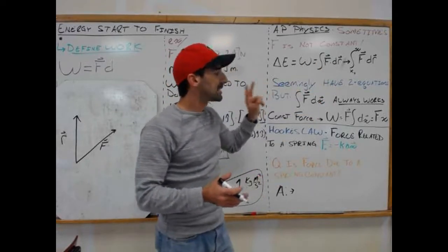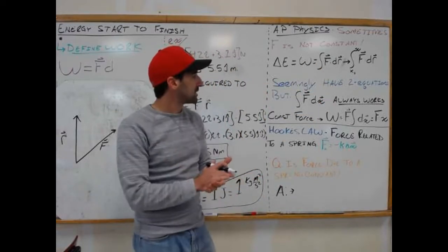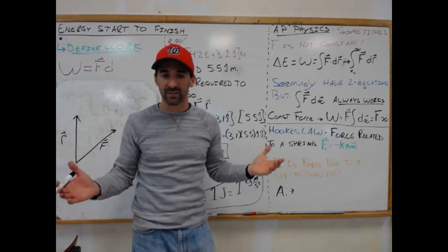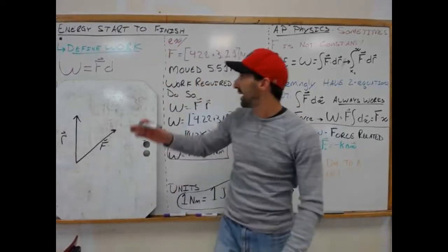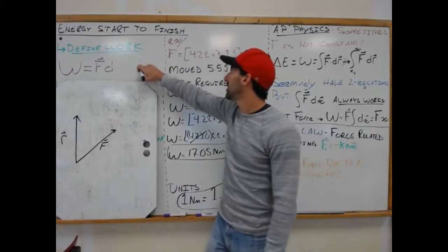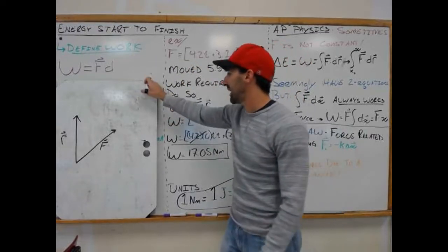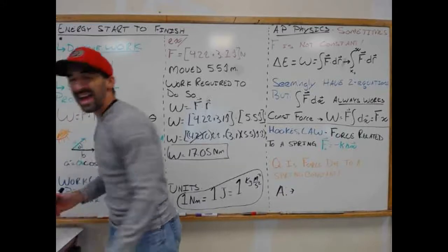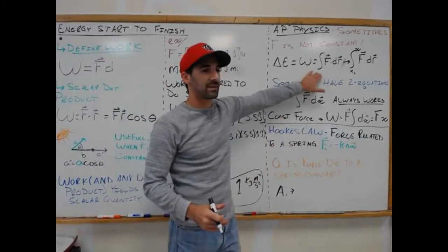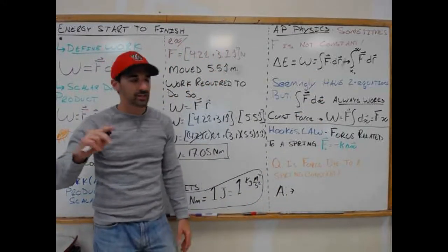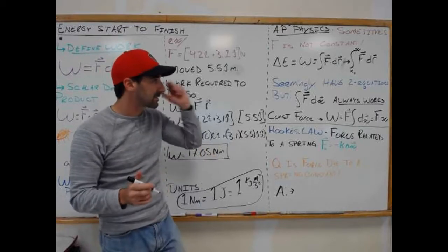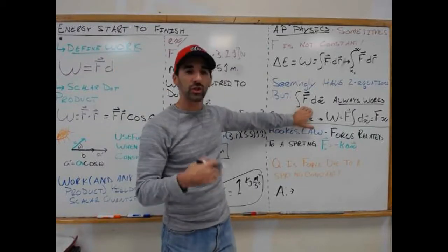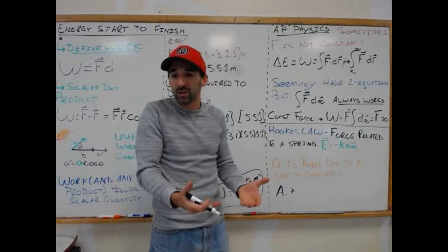Right now I've essentially introduced two equations for the same thing: F times d, or really F dot dr, and this antiderivative. It's not really two equations, it's actually just one, because this integration will always work. It's a stronger equation.